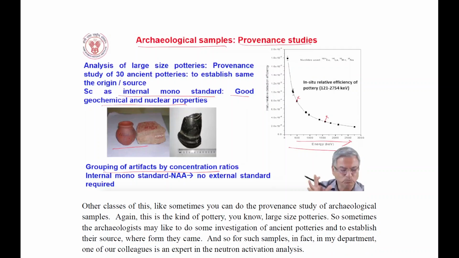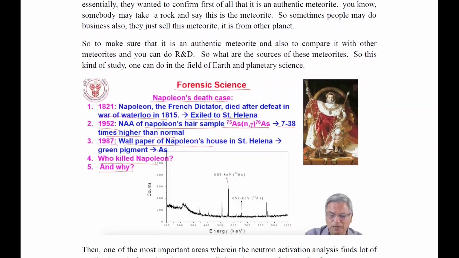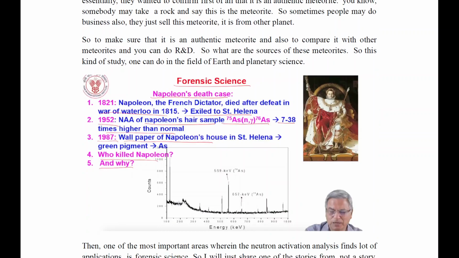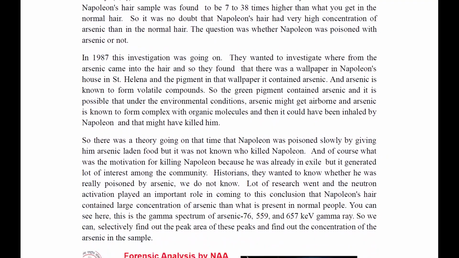And then some archaeological samples he talked about, and then he talked about its application in forensic sciences and how this was used for solving Napoleon's death case. Napoleon's hair has a high amount of arsenic. So what happened, you have a look over the class.